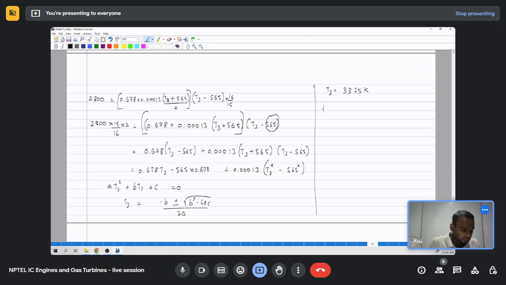Now P3 can be calculated. So P3 is P2 into T3 by T2. So that is 10.27 into 3375 divided by 565.